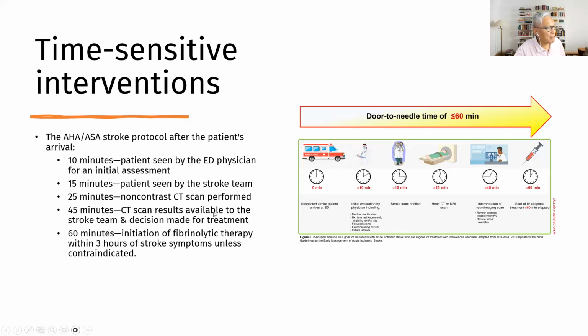In 25 minutes, the patient should have had a non-contrast CT scan of the brain. And in 45 minutes, the results have to be available to the stroke team, and therefore they're going to make a decision, because within 1 hour, we have to have the initiation of fibrinolytic therapy. And what is fibrinolytic therapy?